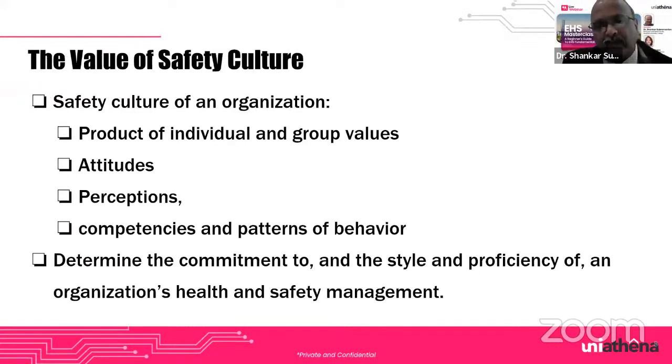So the value of safety culture, as I said, is a culture which starts with the individual. It permeates to your organization, then the society level, the national level, and the international forums. So the value of safety culture of an organization is very important, and an organization is made up of people.